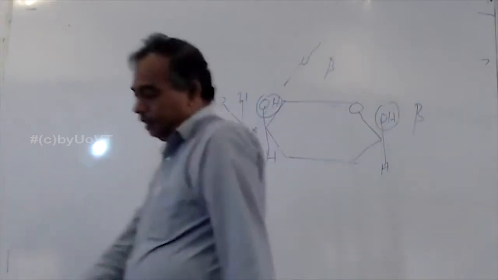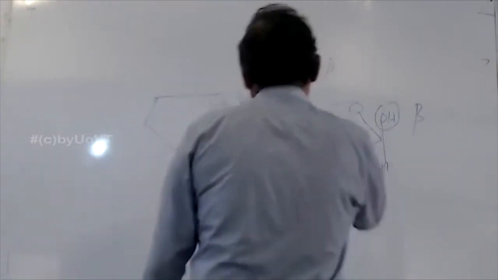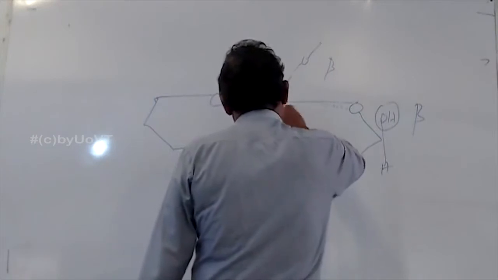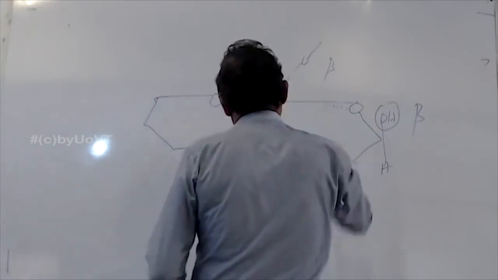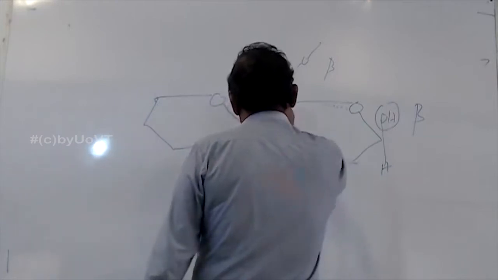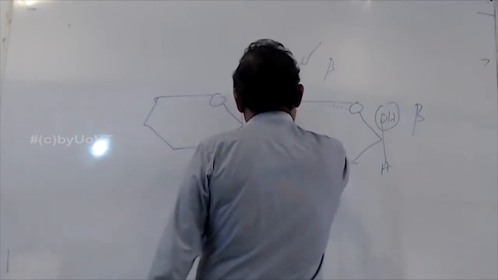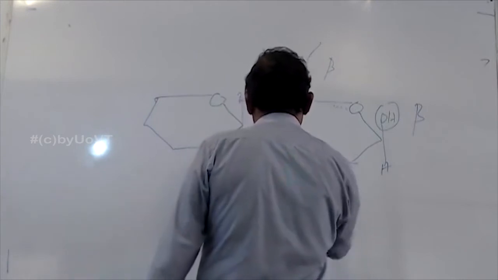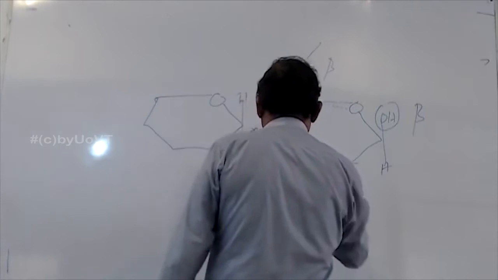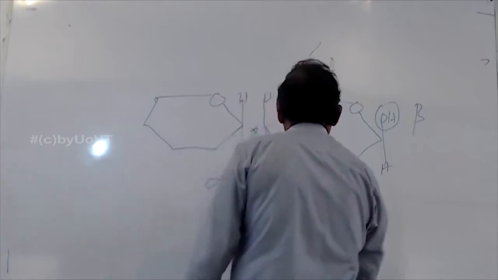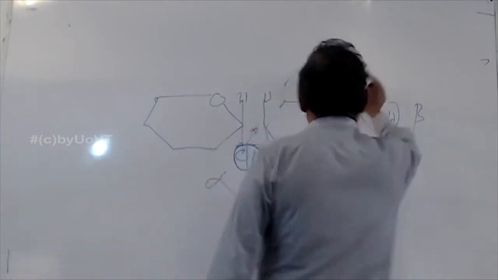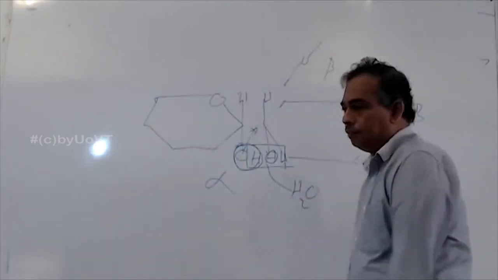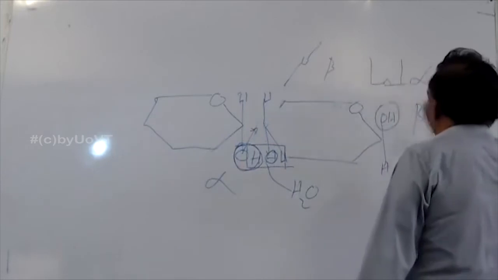In the other case, sometimes this is hydrogen, and the bond releases this water. Now the bond is like this. This is alpha.